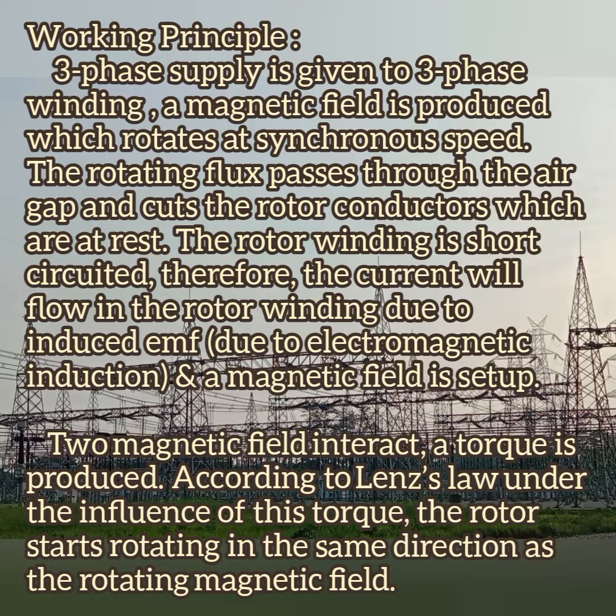A magnetic field is set up in the rotor. So we have a rotating magnetic flux and another magnetic field produced by the rotor. These two magnetic fields interact and a torque is produced. According to Lenz's law, under the influence of this torque, the rotor starts rotating in the same direction as the rotating magnetic field.